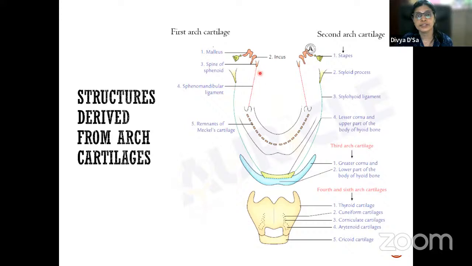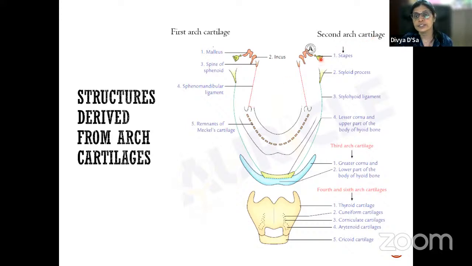You can see this is the sphenomandibular ligament, and this is the remnants of the Meckel's cartilage. So these are the main things formed: malleus, incus, and the sphenomandibular ligament.